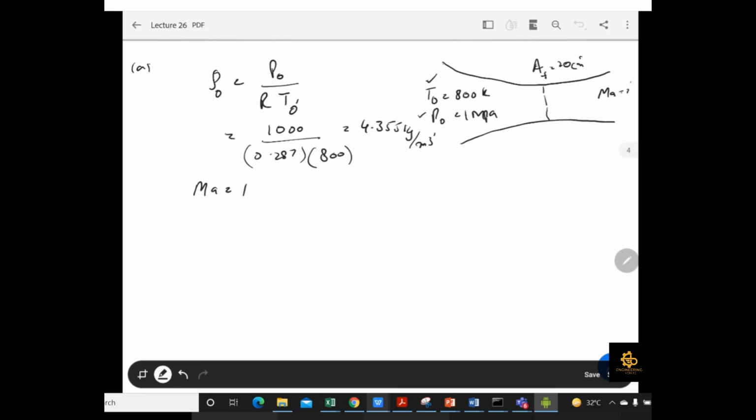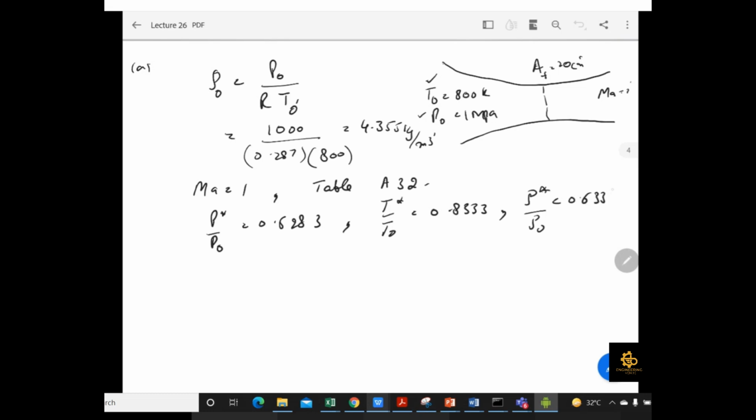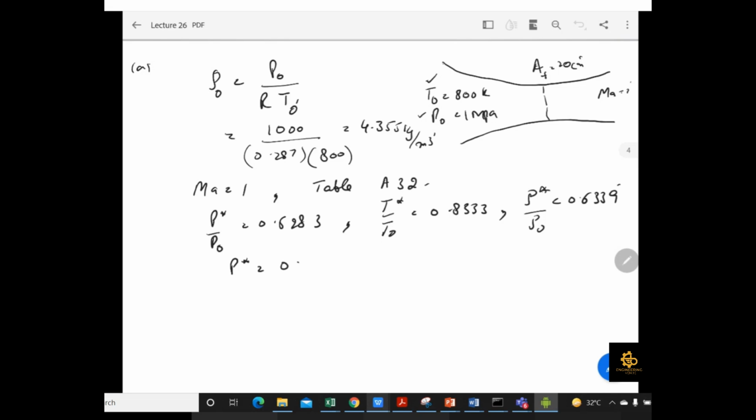Okay, so this is just a rule, and keep it in mind also. In table 17-2, you will get P star by P naught equal to 0.5283, T star by T naught equal to 0.8333, and rho star by rho naught equal to 0.6339.